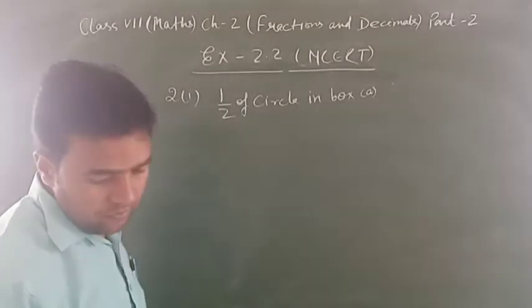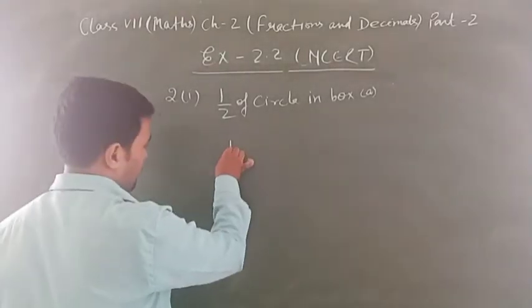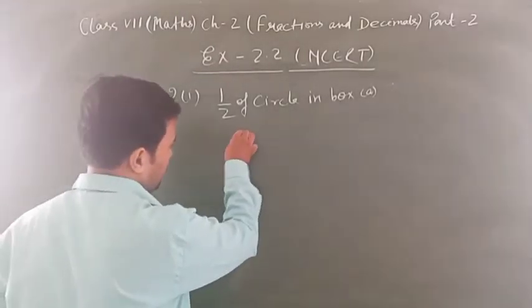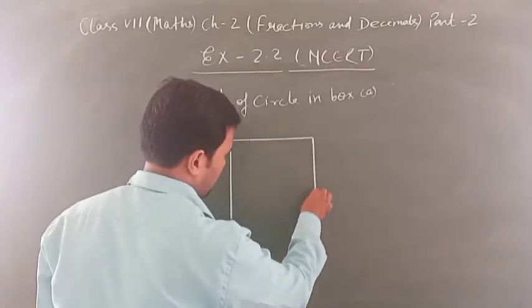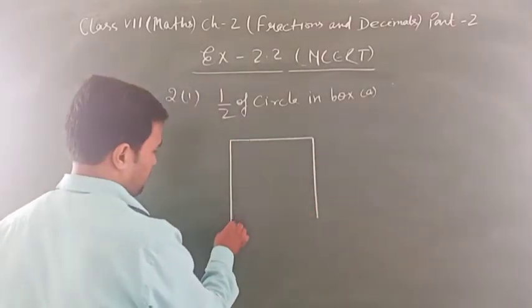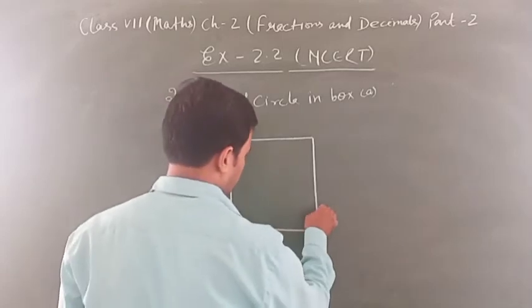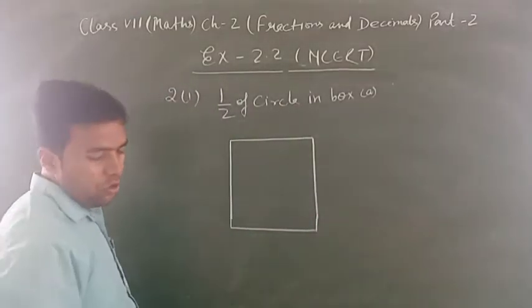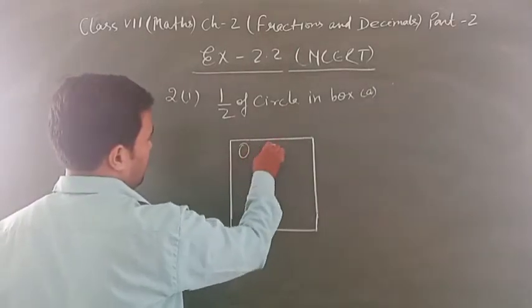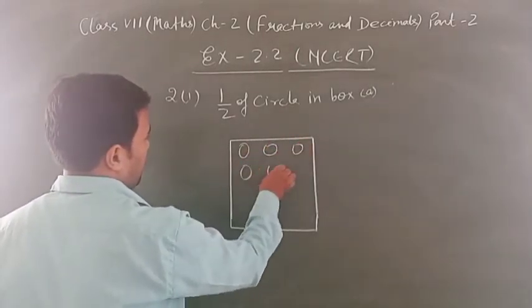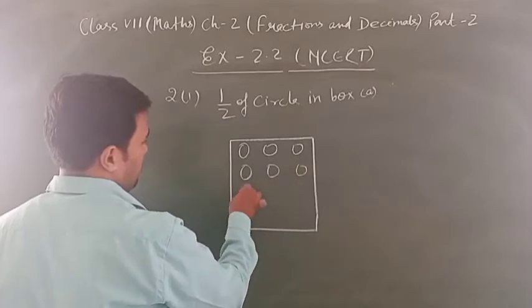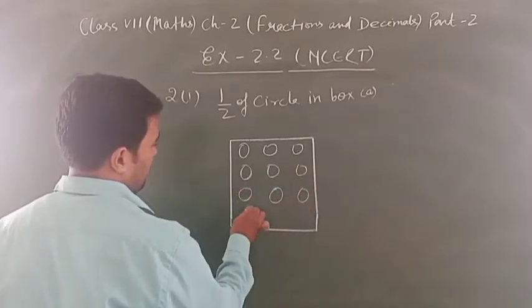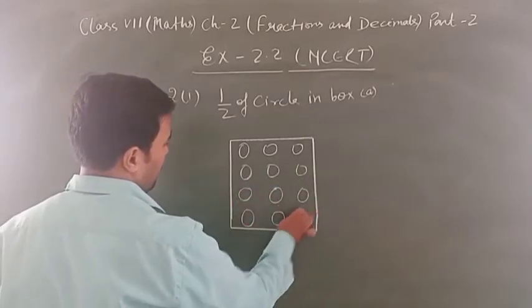Let's see how many. 12 circles are given. 1, 2, 3, 4, 5, 6, 7, 8, 9, 10, 11, 12.